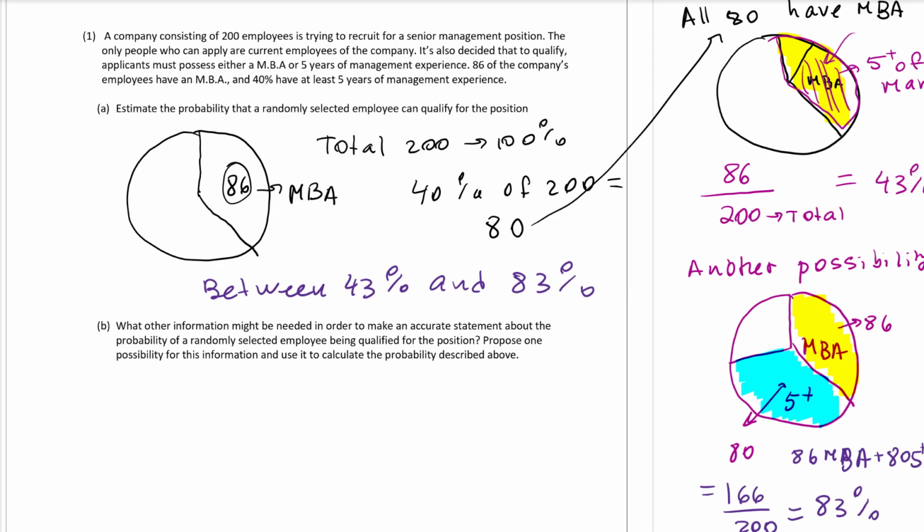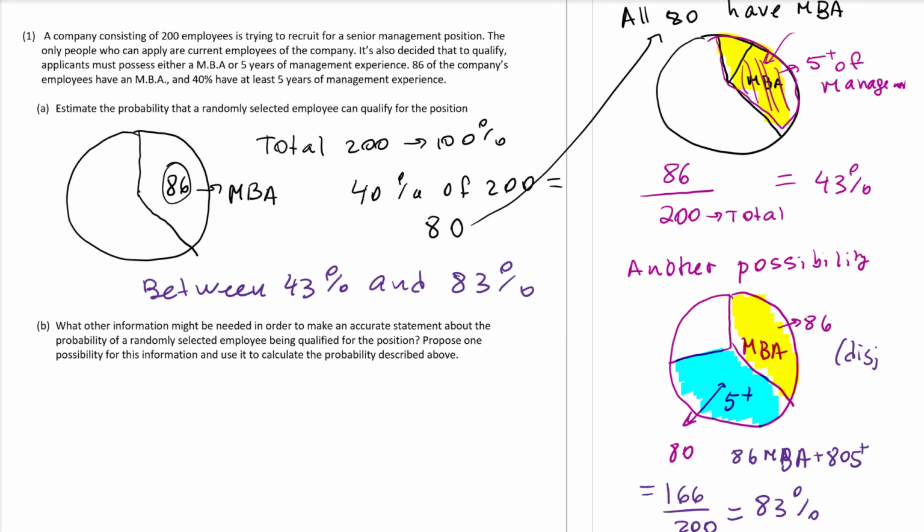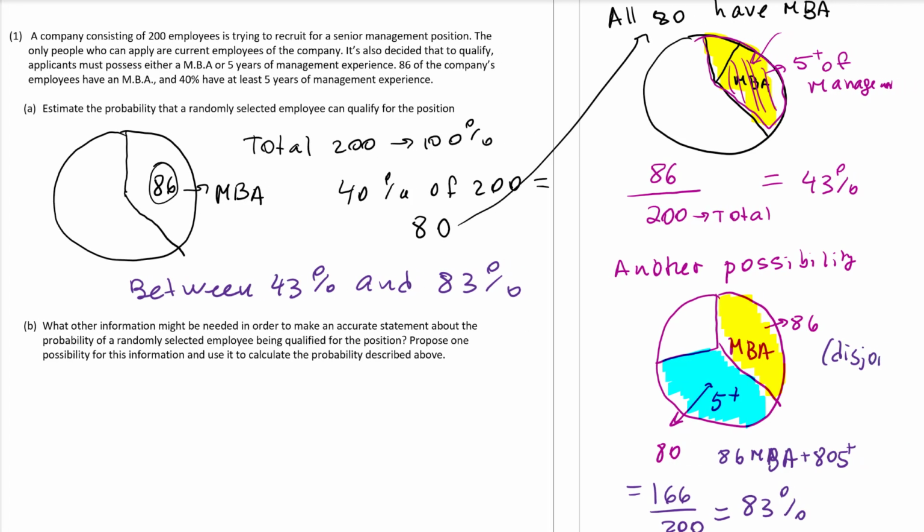If these two are completely disjoint events, then fine, you just add them together. But if they overlap, then the percentage is lower. So the truth of the matter is we need more information.